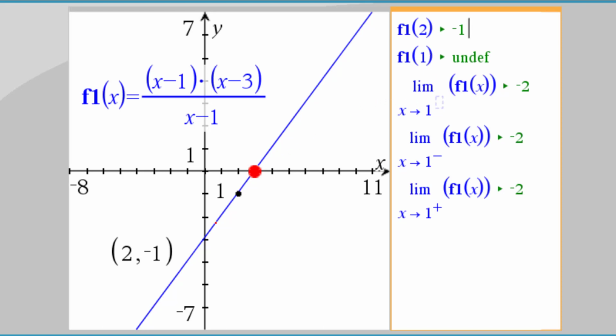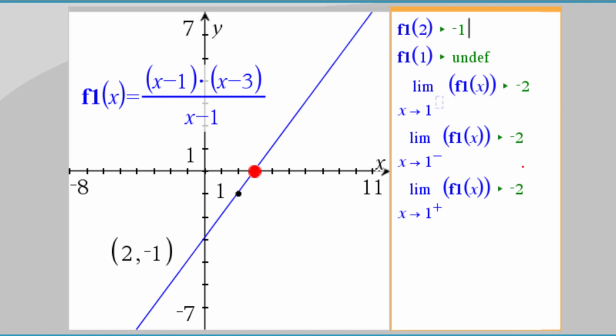If I try to approach the point 1 from the left hand side or from the right hand side, if I approach it from the left hand side, you can see I've got the negative there. It says that the value is -2. So it's trying to get to the value of -2 when x is 1. Likewise, when I'm approaching the point 1 from the right hand side, it is still getting to the value of -2.